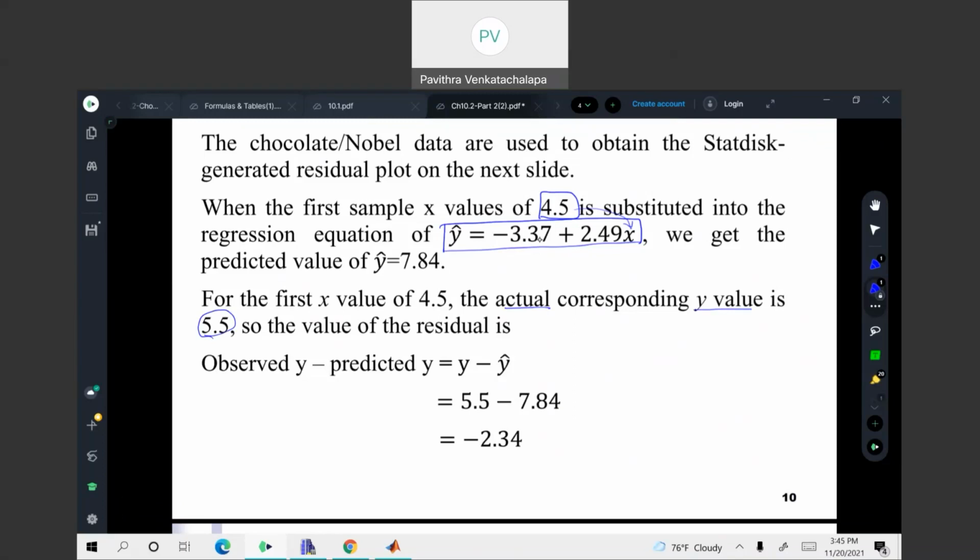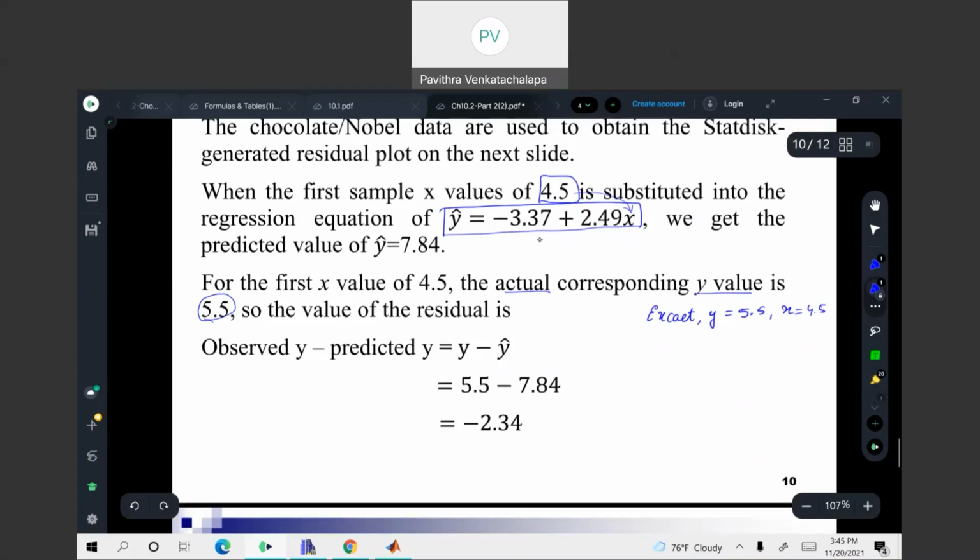Okay, now the exact answer of y must be 5.5 for x equal to 4.5, but the value which you predicted, I call that y cap, was 7.84 for the same value of x, right?